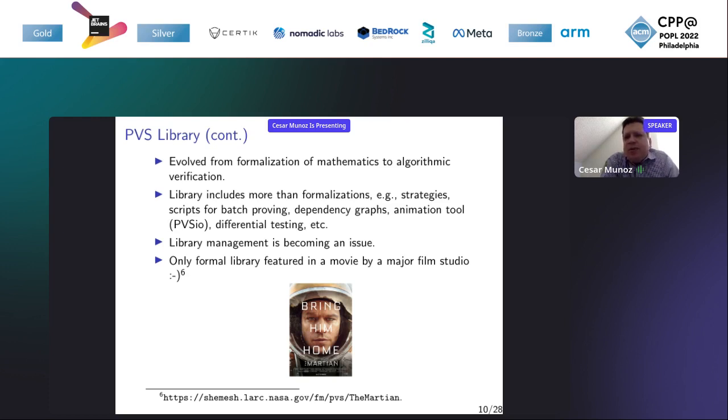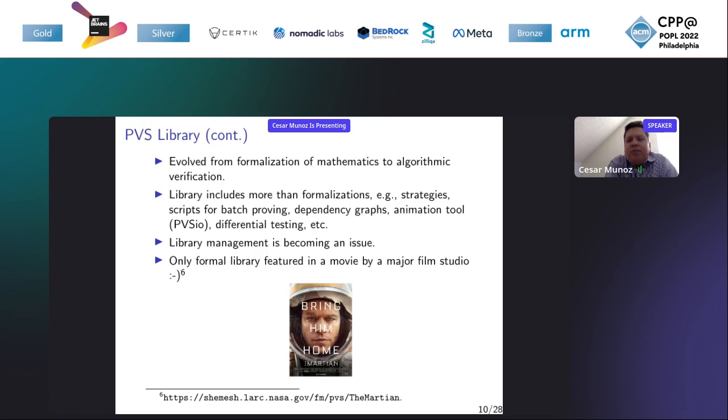Something that is becoming an issue is library management, and this is something more recent. We need to keep track of versioning, for example, so that the developments depend on a particular version of the library, because libraries evolve, and we have to be careful that a development is not going to break because the version changes.